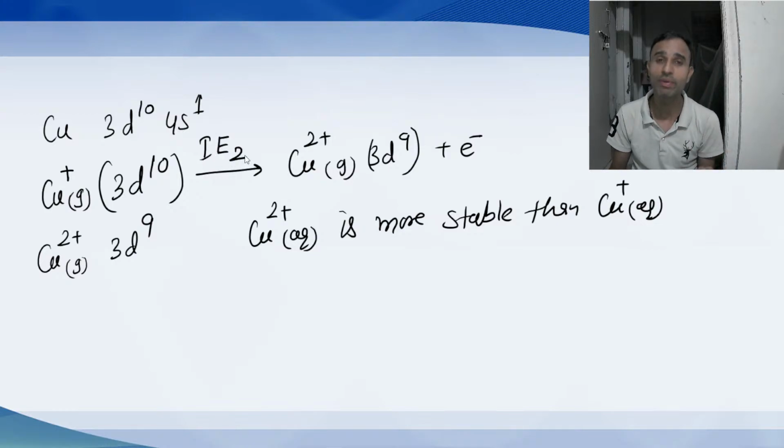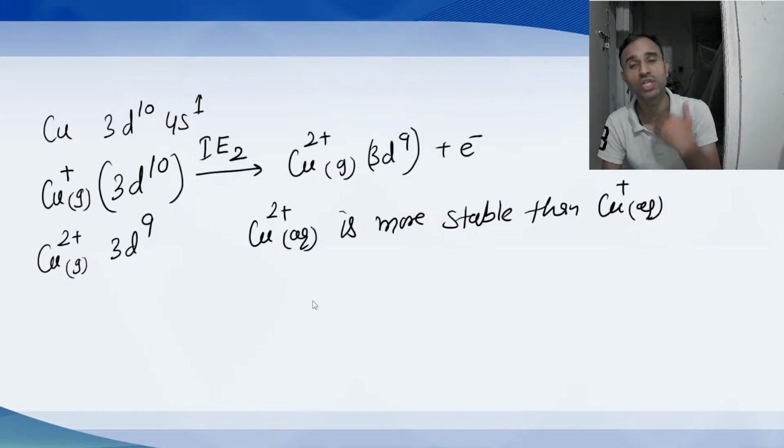But at the same time, when copper 2 plus interacts with water, its hydration enthalpy is more than the energy absorbed. Hydration energy means the amount of energy released when one mole of ion interacts with water. So energy released is more in aqueous solution.